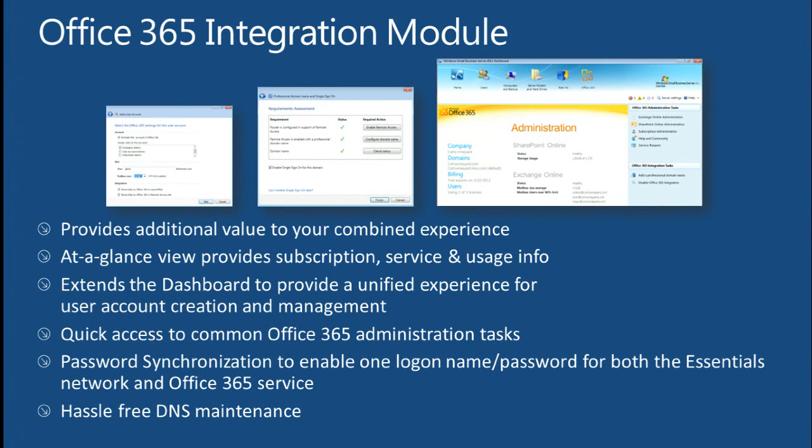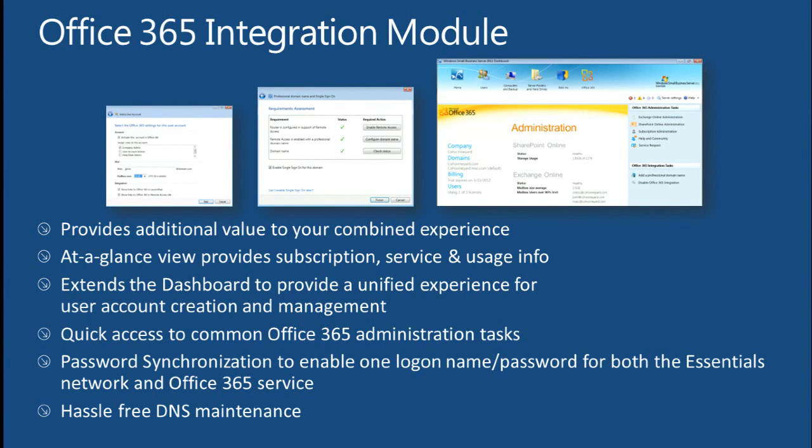It has a quick jumping-off link in a tasks pane to jump to the Office 365 administration tools and to their website. Things like billing are still done through the Office 365 website, but things like configuring mailboxes and associating user accounts with mailboxes is done through the dashboard, making it easy to keep passwords synchronized for the end user and to easily configure your DNS stuff.